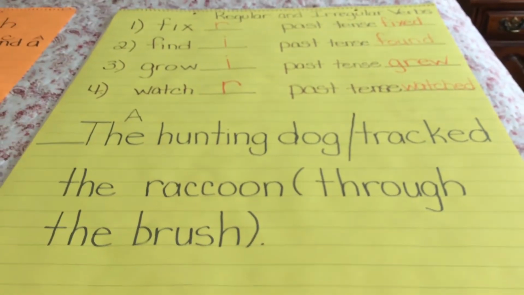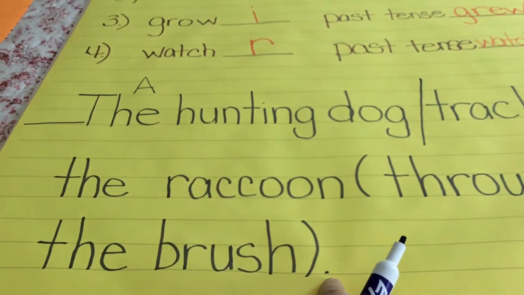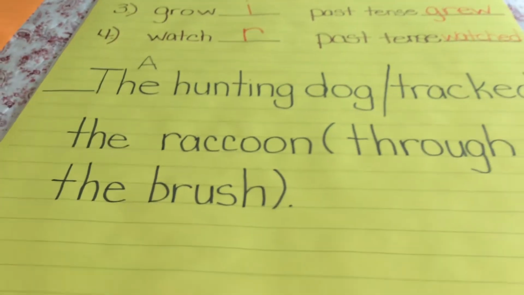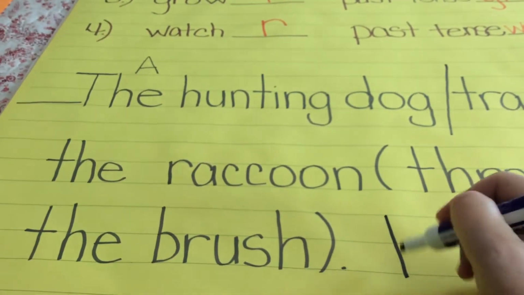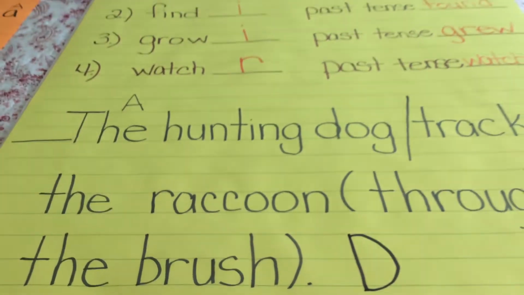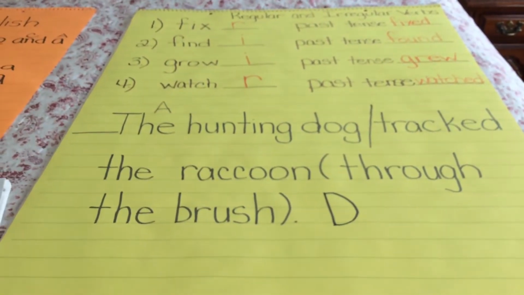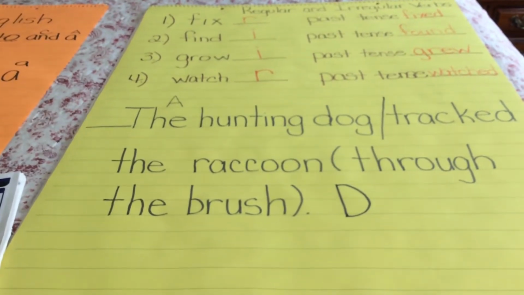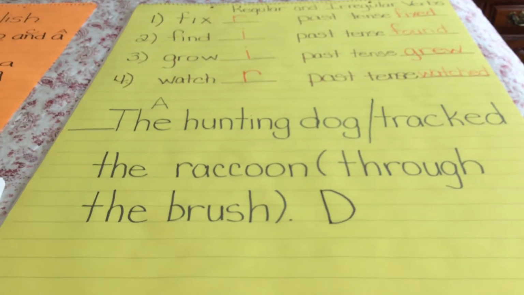Okay. And then what type of sentence is it? We know it has that period or that end mark. So it's going to be a, you're right, declarative. Okay? All right. The hunting dog tracked the raccoon through the brush. Okay, so the article adjective. What is hunting?